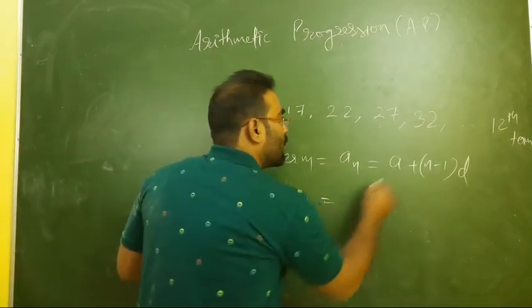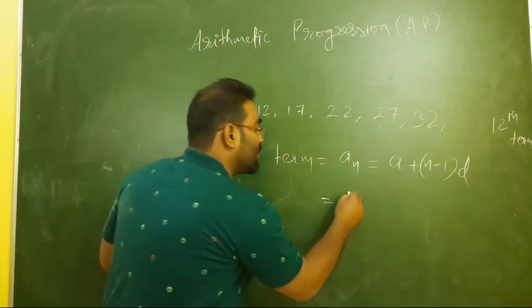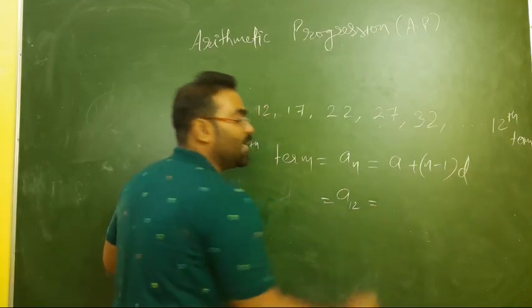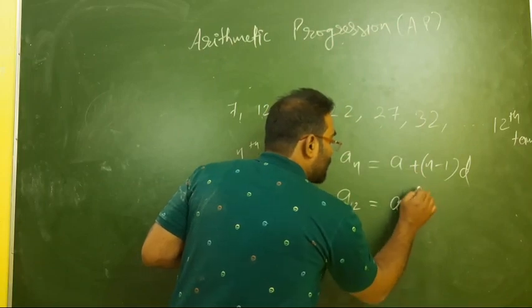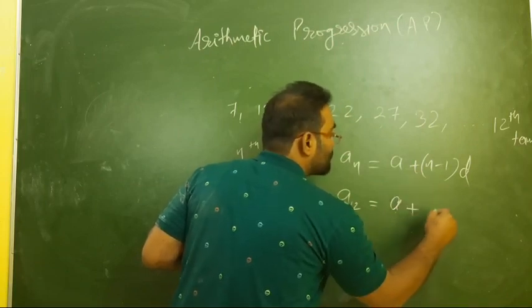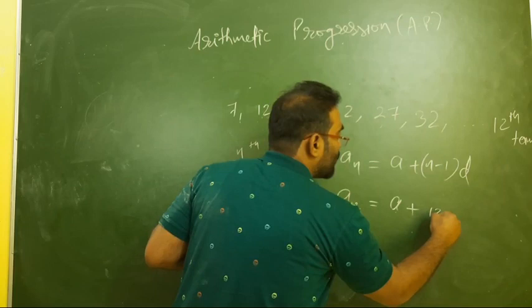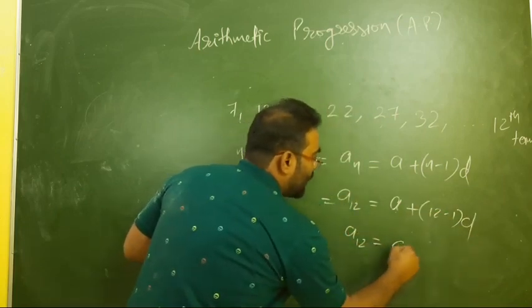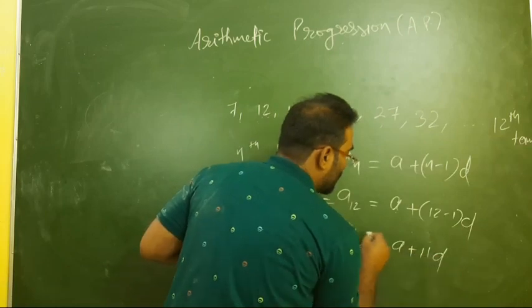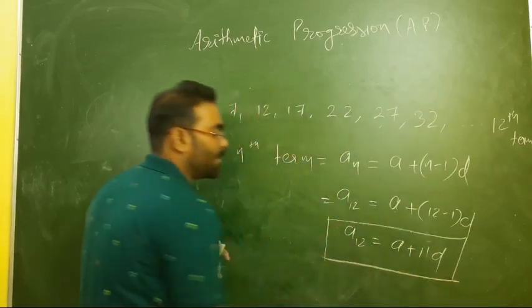So here we have to find the 12th term. What is a12? a12 is nothing but a plus 12 minus 1 d. That is, a12 is nothing but a plus 11d. Now this is something you have to keep in your mind.